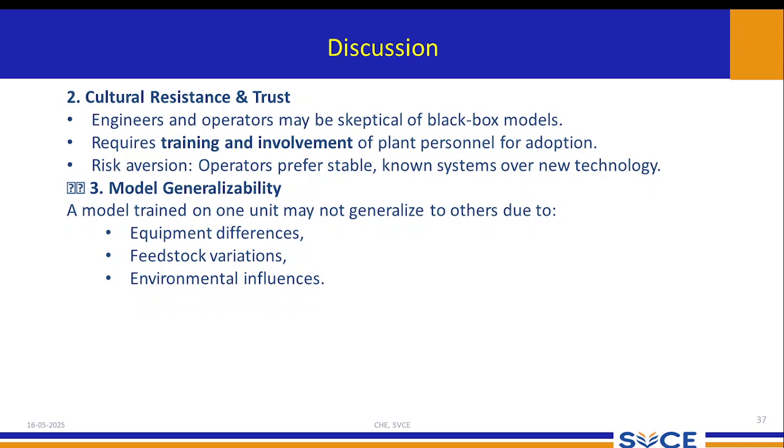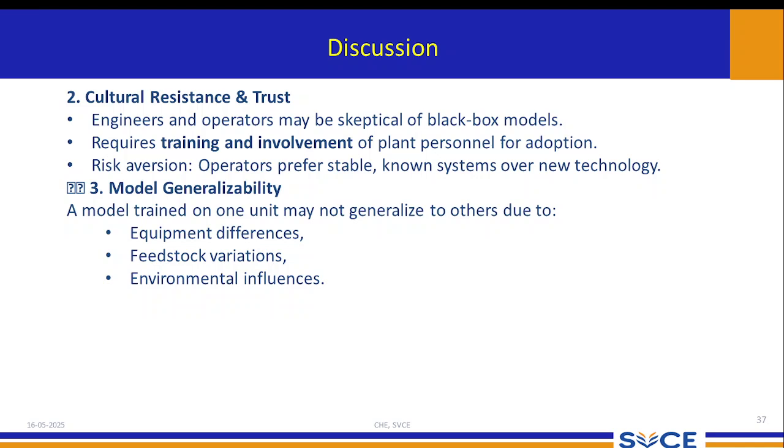Adoption in India is lower than in the Western countries because we don't accept new things at the earliest, unless it is most important. For example, mobiles. Some few things we don't accept because we go for the traditional, conventional way. You are aware of it, right? So risk aversion: operators prefer stable, known systems over new technology.